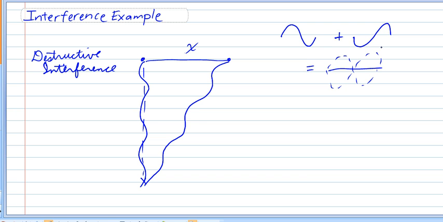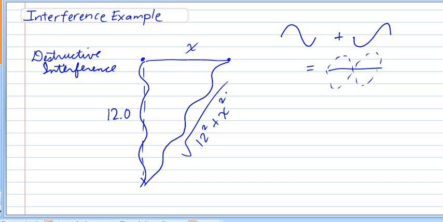Now, if this is 12 meters right here, then this distance right here is going to be the square root of 12 squared plus x squared. But there's another thing that we can do.